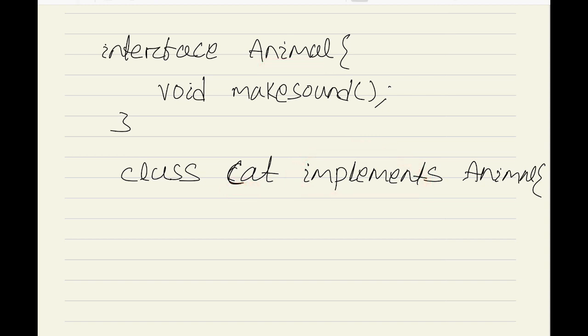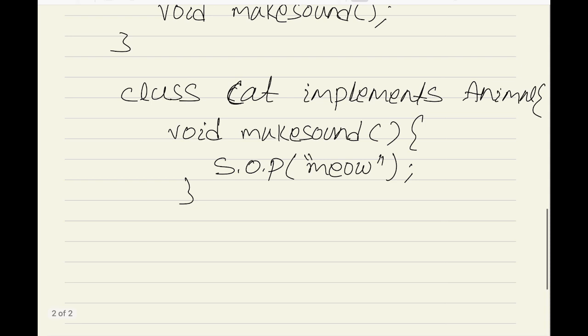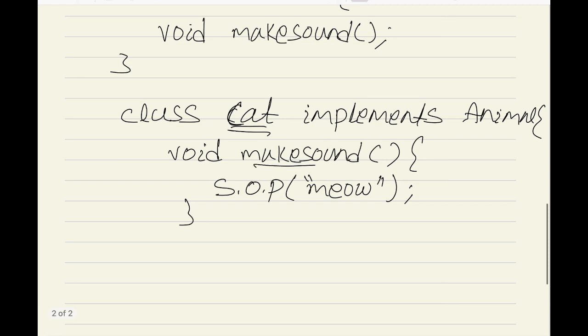Here we write the body of the makeSound method, like void makeSound, and then we can write some statement, suppose print mew. Now we can create the object of this Cat class and call this makeSound method. We'll see the implementation of this.